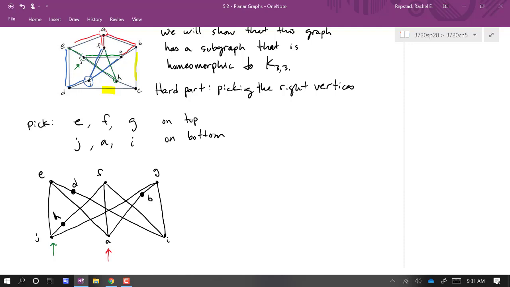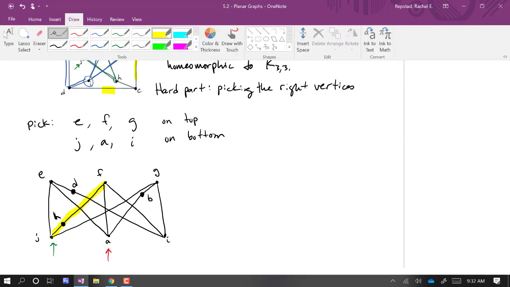Remember homeomorphic, we make a homeomorphism to K33 if I basically pick an edge and put down a vertex, so I turn one edge into two edges, right? Like if I look at this edge, getting from J to F, in K33 there'd be no vertex H there, right? But that's fine. It's like I started with K33 and I took that edge from J to F and then split that edge into two by dropping down a vertex H on it.